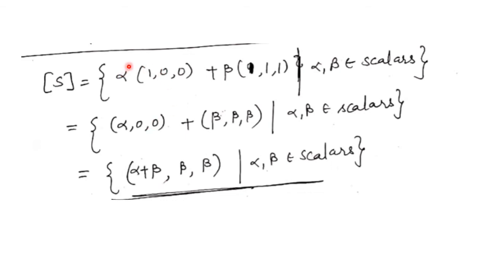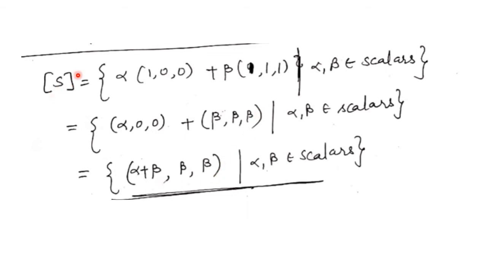So this will become (alpha, 0, 0). Similarly multiply with beta, so you get (beta, beta, beta). Now you add these two coordinate-wise: alpha plus beta in the first coordinate, 0 plus beta which is beta, 0 plus beta which is beta.